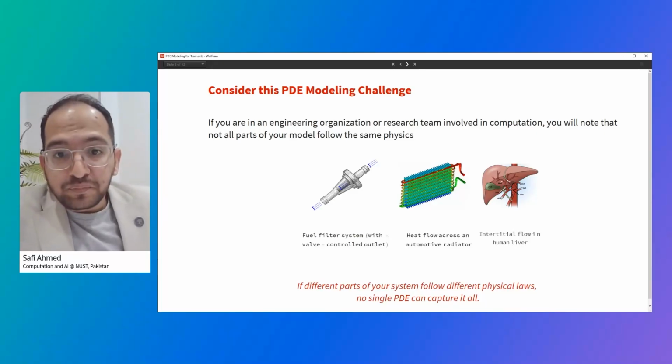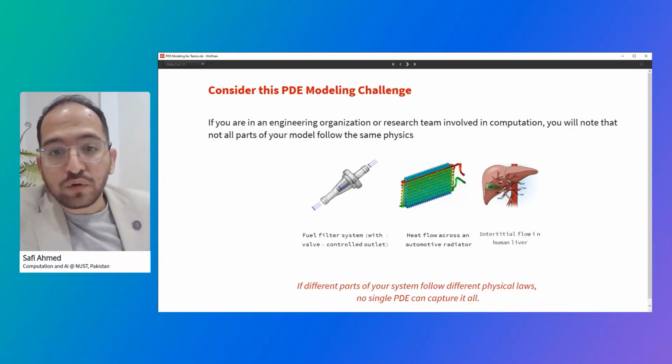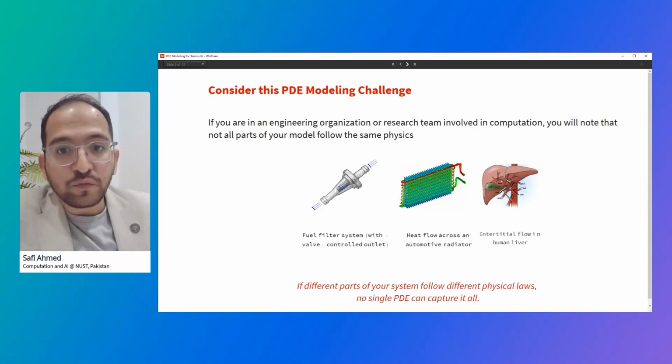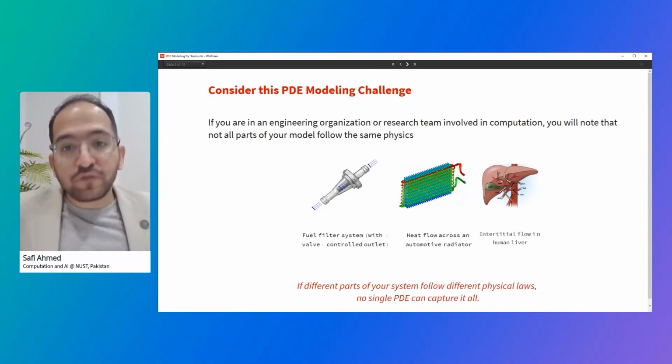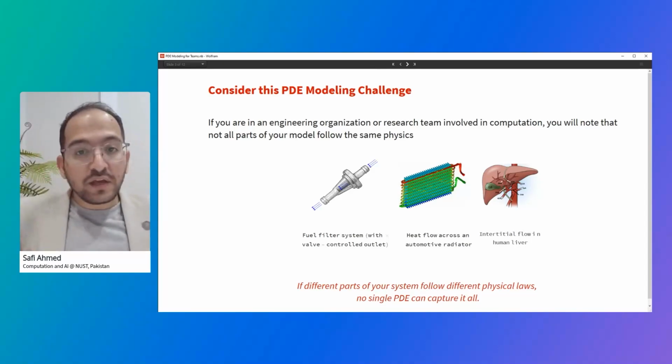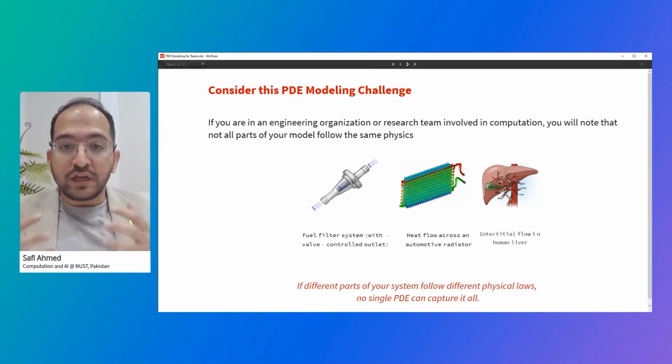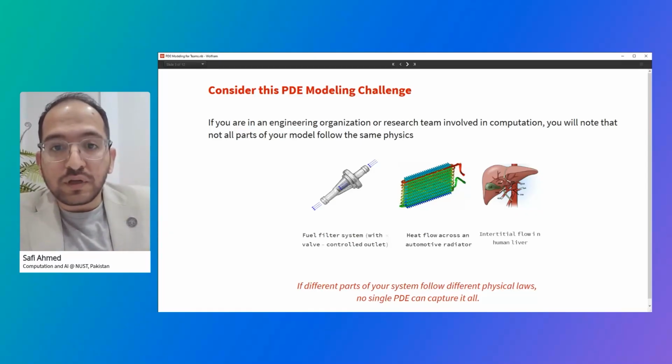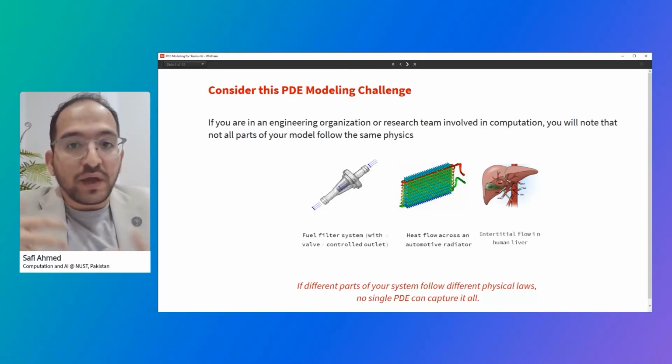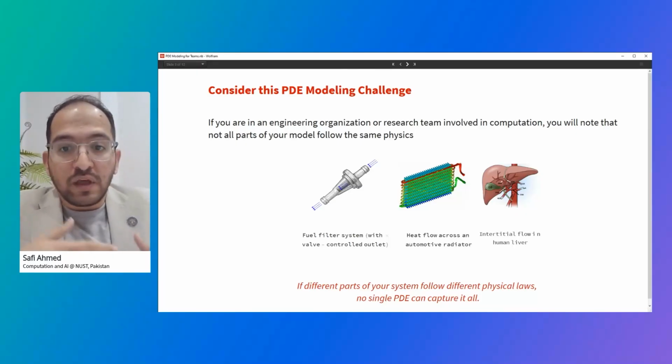Similarly, here you see the heat flow across an automotive radiator, and the flow of heat within the fluid is governed by the energy equations, and the flow of heat through the solid radiator is governed by a different set of differential equations.